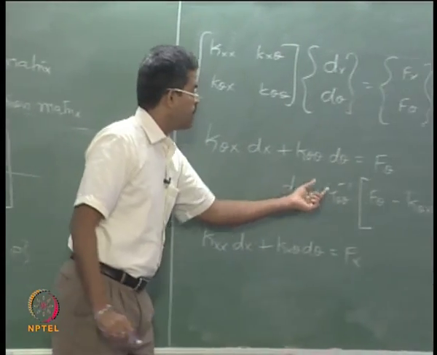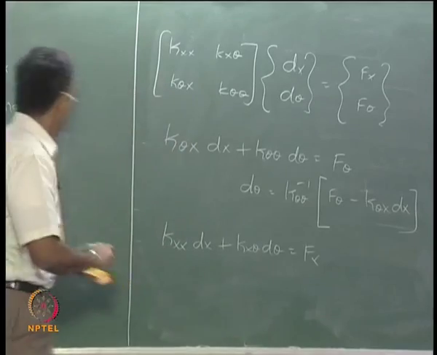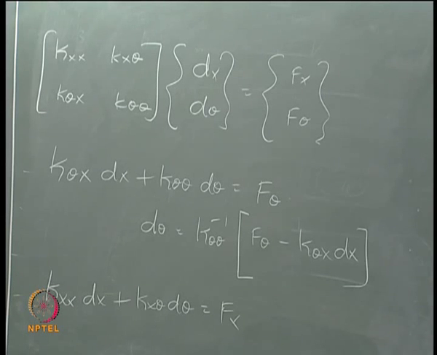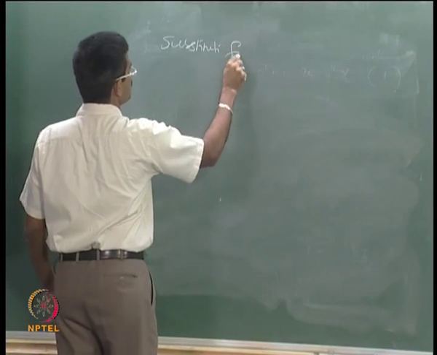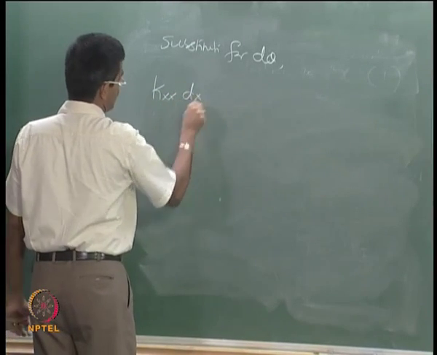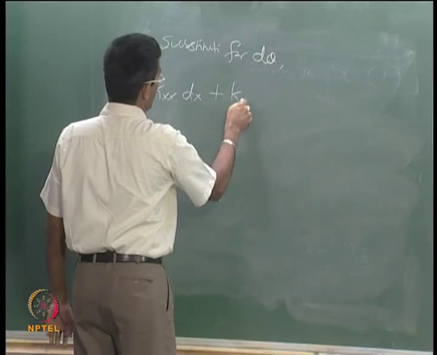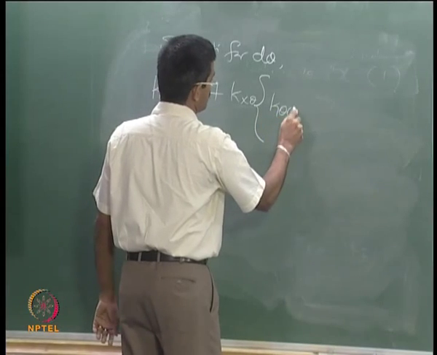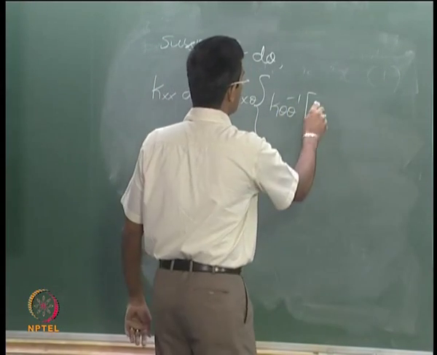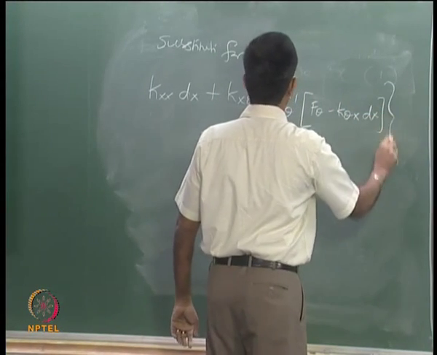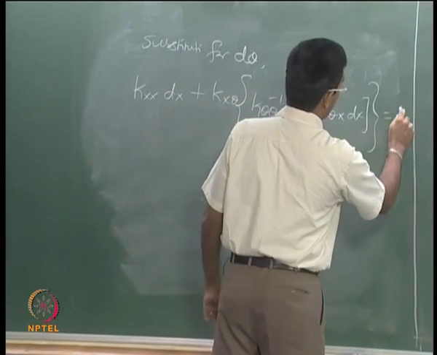I substitute for d theta from this equation here. So substituting for d theta, let us say kxx dx plus kx theta of k theta theta inverse f theta minus k theta x dx will be fx.